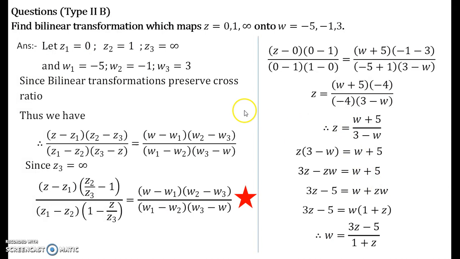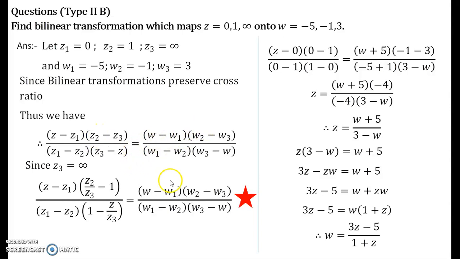The only important thing in this type of problem is that whenever infinity appears either in the z points or in the w points, you have to divide by that point in the numerator and the denominator on that particular side, wherever it is appearing, either on the Z or on the W side.